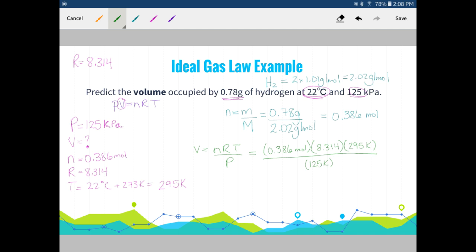So when I solve for this, I get my volume to equal 7.6 liters. All right, so again, this is a relatively simple formula to rearrange and to use, but there's some tricks that we need to remember, like converting our temperature to Kelvins.